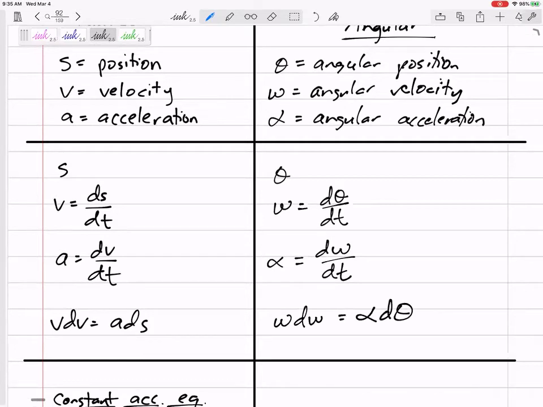Isn't that cool? All those integrals, I could rewrite all those integrals, and they are similar as well. Anytime you had a v, now we've got an omega. Anytime we had an a, now we've got an alpha. Anytime we had a t, we still have a t, right? Time is not angular. Anytime we've got an s, now we've got a theta.